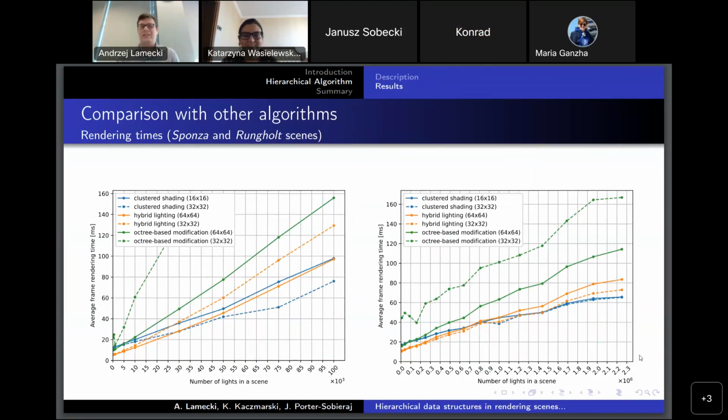The most probable explanation is, as I've mentioned, the problem with implementation, because we have based our implementation on billboards, which we discovered later do not suit our approach exactly, and it would probably be beneficial to change this part of the implementation. I believe that's the main issue, and all the other results prove that this is the main reason it's that much slower than the other algorithms.